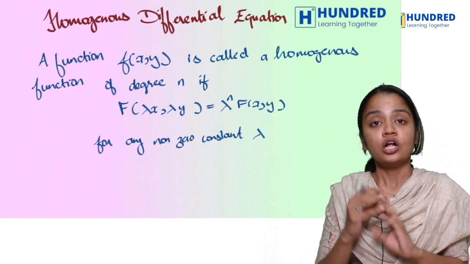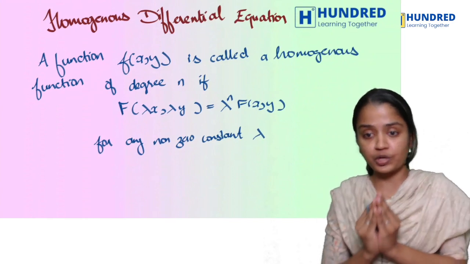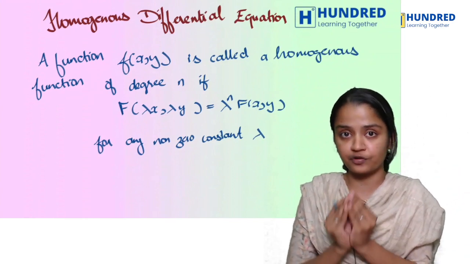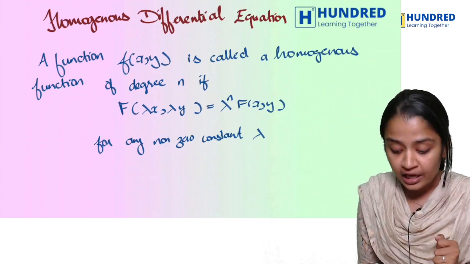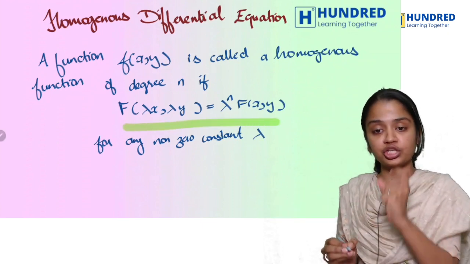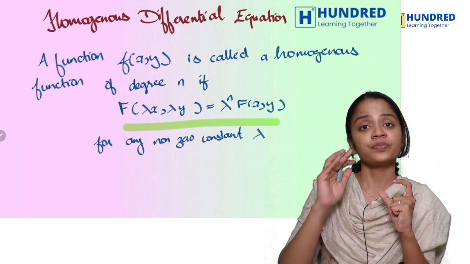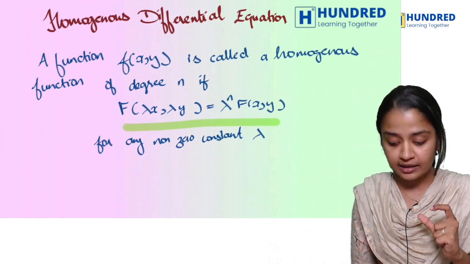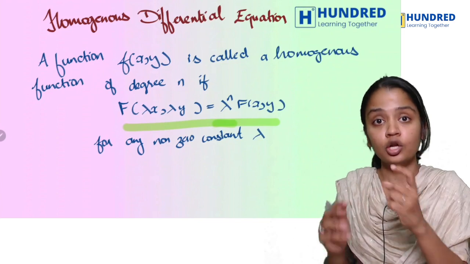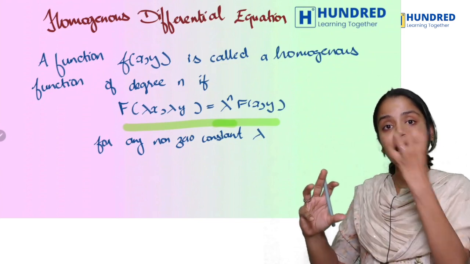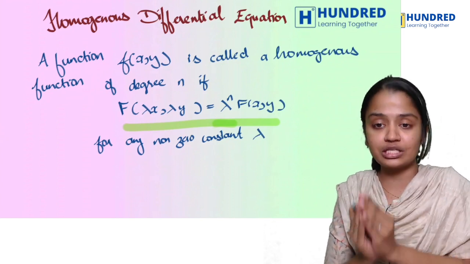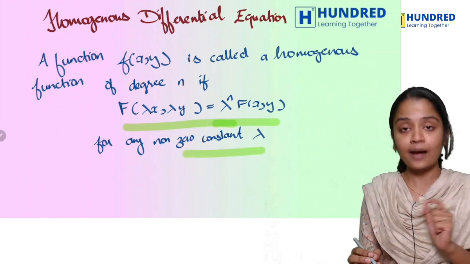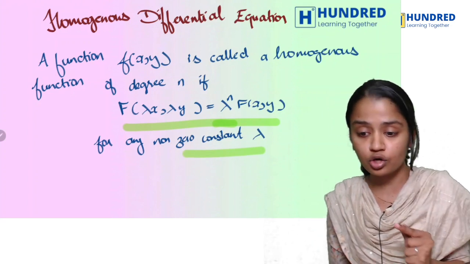Now kind 3, the homogeneous differential equation. A function is homogeneous if, when you express f of lambda x comma lambda y, you are able to separate lambda to the power n from the function. Here lambda is a non-zero constant.